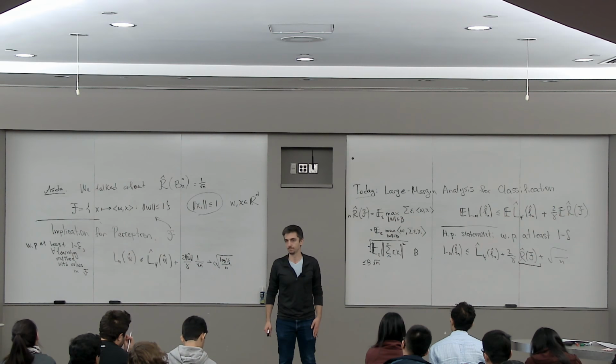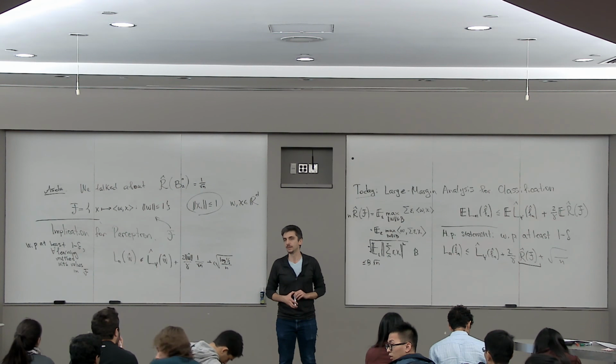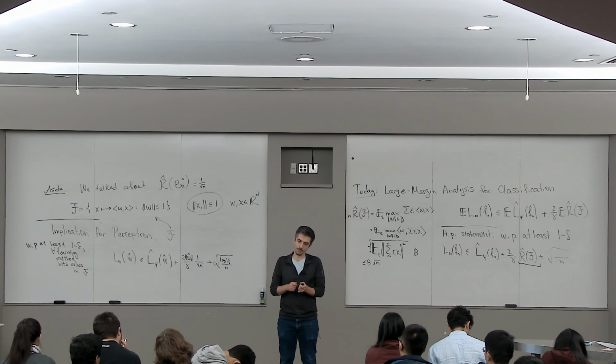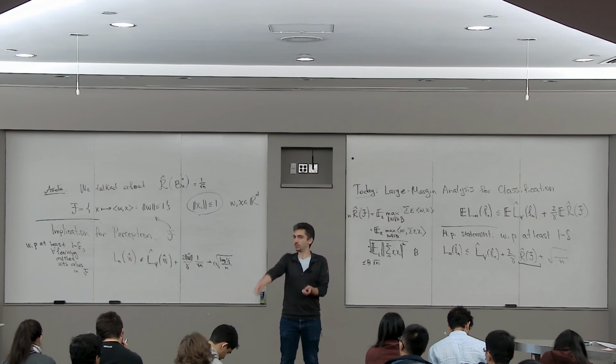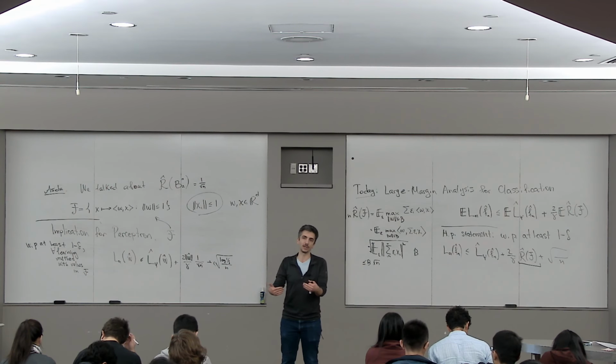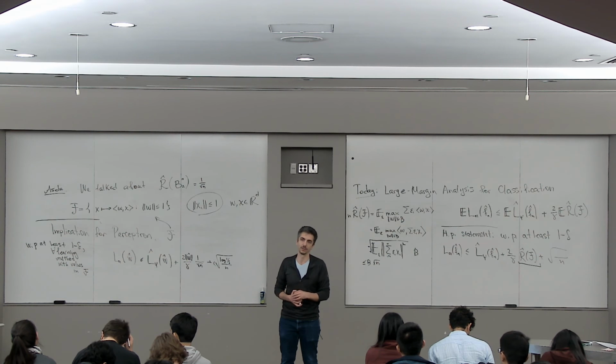Can you base your choice of kernel on what the complexity is? Yes. Each choice will give you a result, and some of them can be dominated, but some of them are incomparable. So it's hard. It depends on the problem at hand. Yeah, that's a good question.